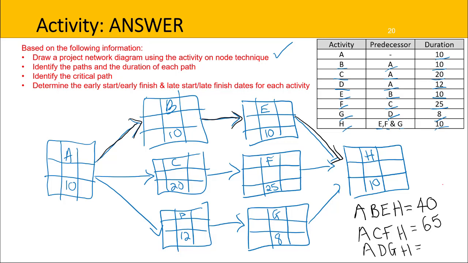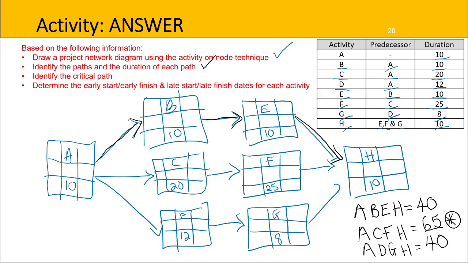And down the bottom, A, D, G, H, A at 10 plus 12 is 22, plus 8 is 30, plus 10 is 40 for the last path as well. So now we can tick off the second activity point. Lastly, here we identify the critical path. So that's easy, it's the longest path or the largest number. So ACFH at 65 is going to be the critical path.